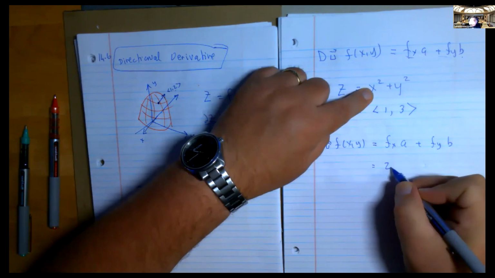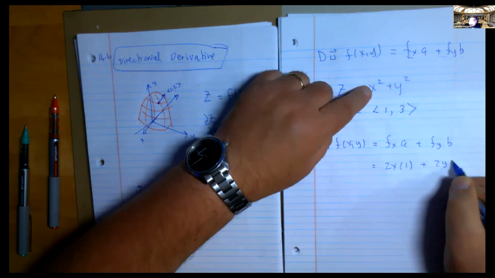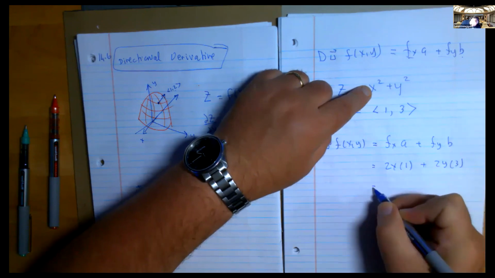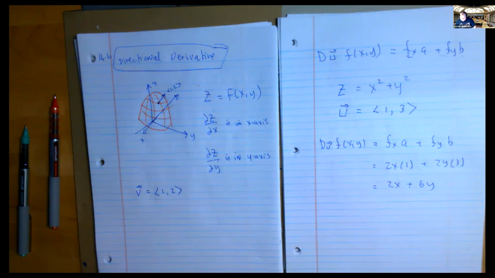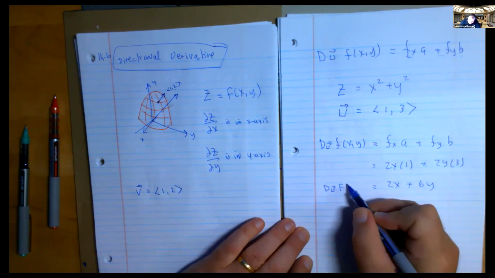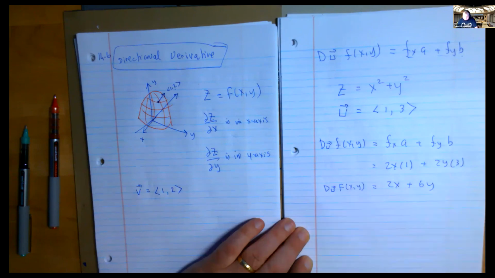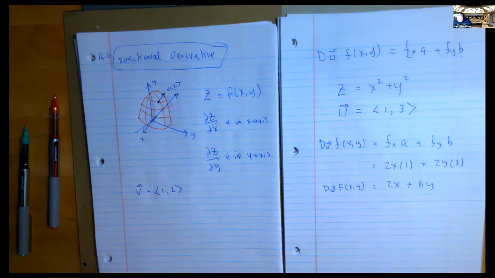In this case, 2x times 1 plus 2y times 3. So the answer would be 2x plus 6y. So we have just found our first directional derivative.